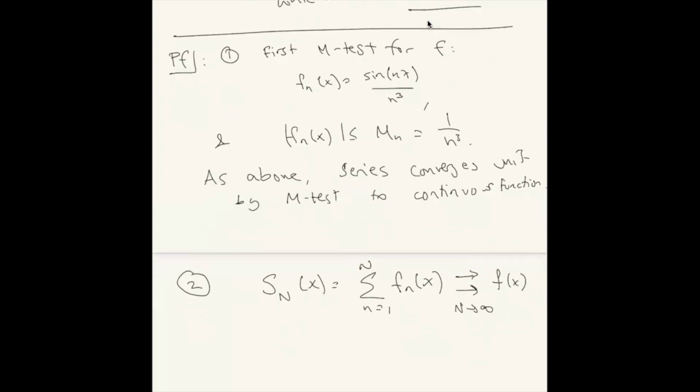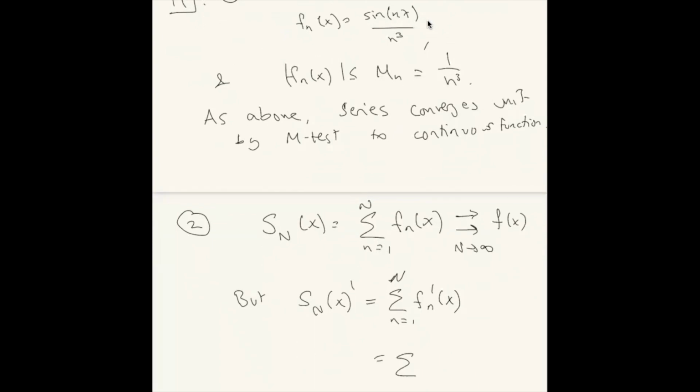But if you take the derivatives of these, it is itself a derivative series. And what is the derivative series? It's cosine nx over n squared.